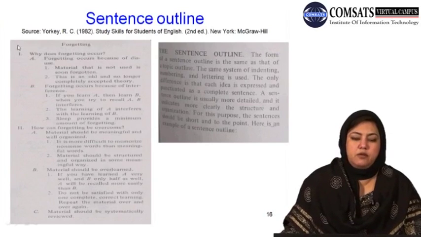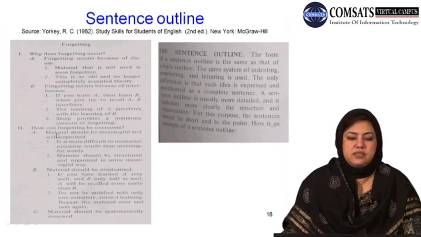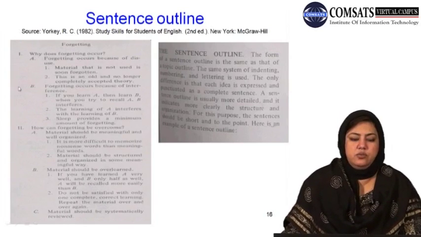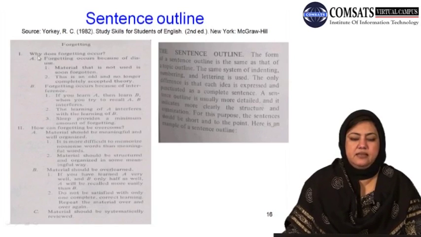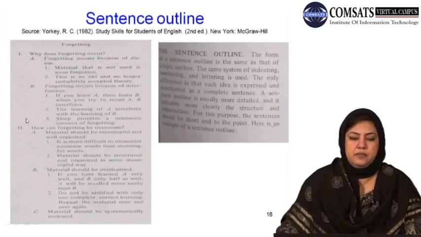Talking about the format of presentation or writing of this kind of outline, again you can see 1 and 2, left indented first and second main headings, then comparatively right indented subheadings A and B in this case, and A, B and C in the case of the second main heading.